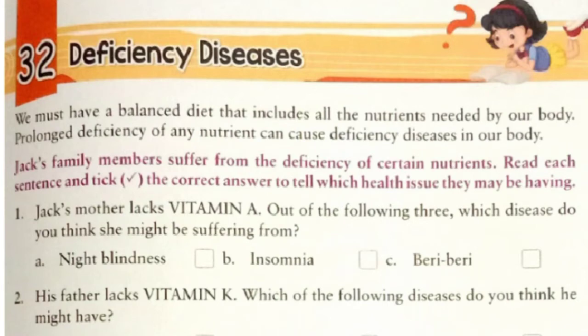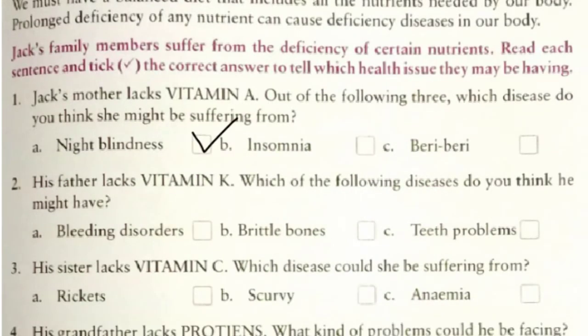So please put a right tick in option A. Now let's see number 2. His father lacks vitamin K. Which of the following diseases do you think he might have? The lack of vitamin K causes bleeding disorders in our body. So put a right tick in option A.